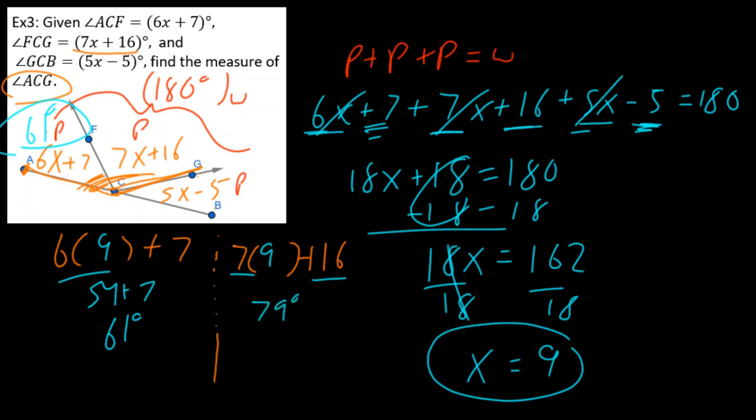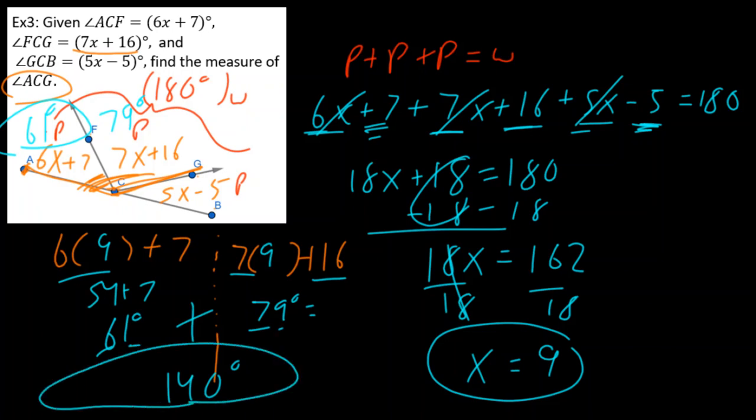So we're saying that that's 79 degrees. And what are we going to do with these two parts? Well, we have to add them. And so 61 plus 79 looks like it's going to be 140 degrees. You can double check my math, but let's see, 60 plus 70 is 130, and 1 plus 9 is 10, so 130 plus 10 should be 140.